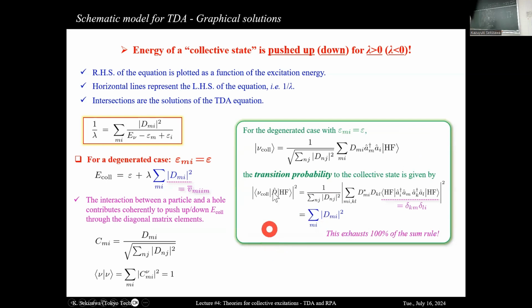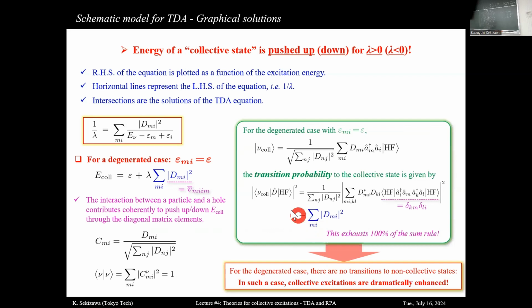And now this is just additional information. This is a kind of transition probability, and D is some kind of external operator that excites the ground state, or Hartree-Fock state, to the collective excited state, nu, here. And this transition probability, or amplitude of excitation, can be written in this way.